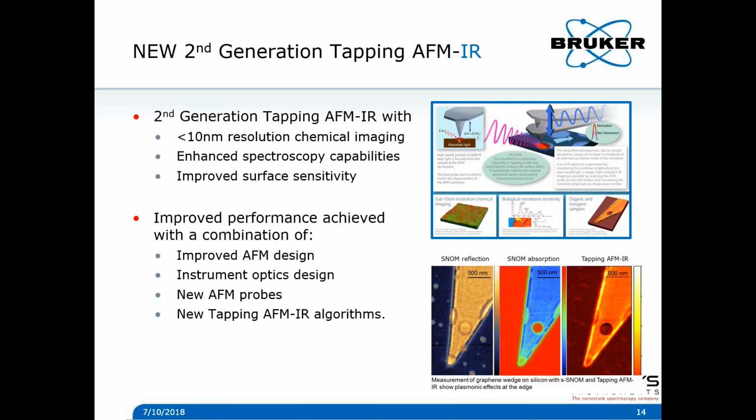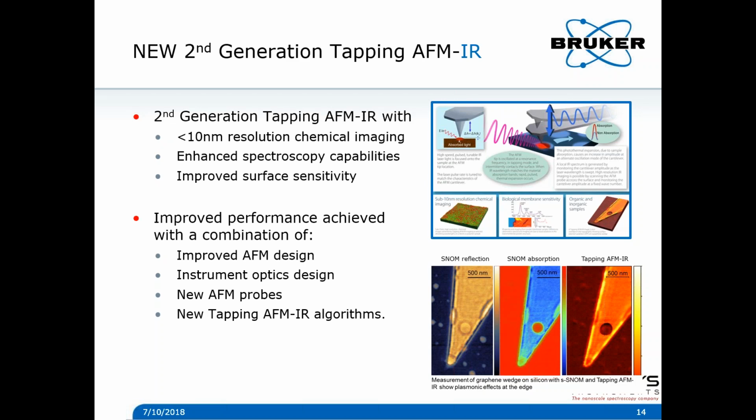The improved optics design is looking to remove the background signals. We also have new AFM probes and new Tapping AFM-IR algorithms that we've applied. A combination of these factors has enabled us to improve the sensitivity and the spatial resolution, and then also what we've been able to add now to second generation is really enhanced spectroscopy capabilities.